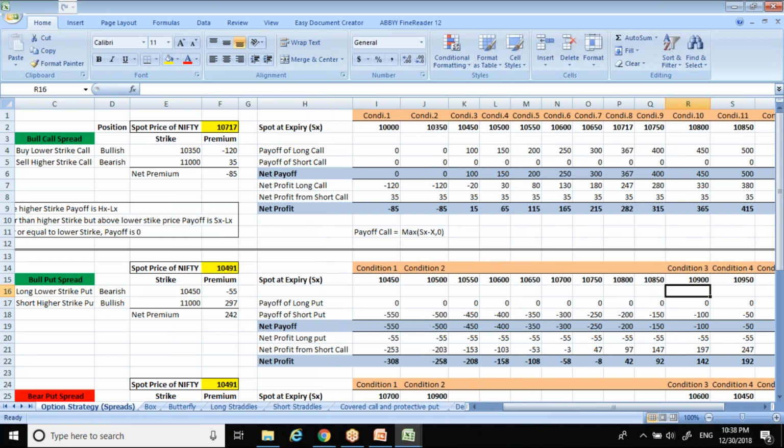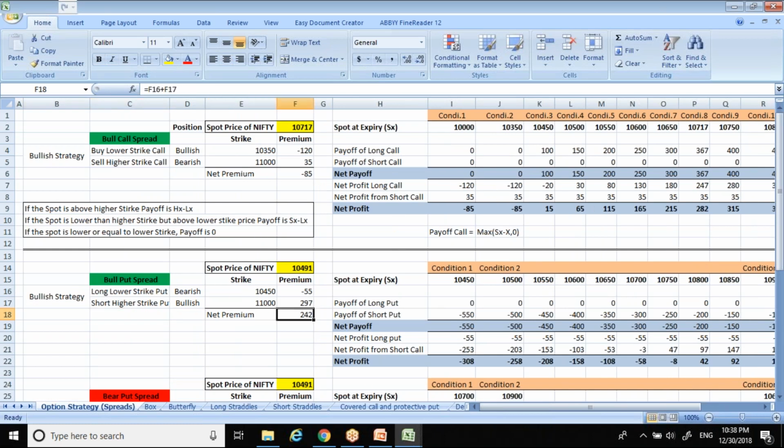In fact, I'm so sorry, when you believe that it is above the break even, which is 850. We need to get the break even here. So break even is coming to near 10,750. So basically the 10,450 plus 242.